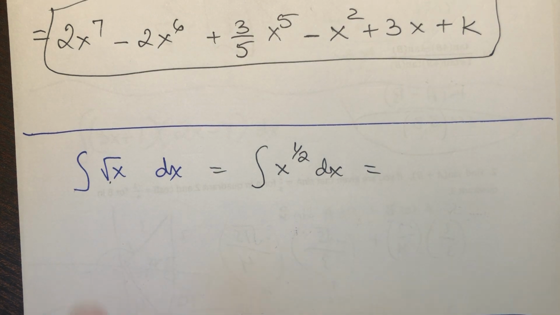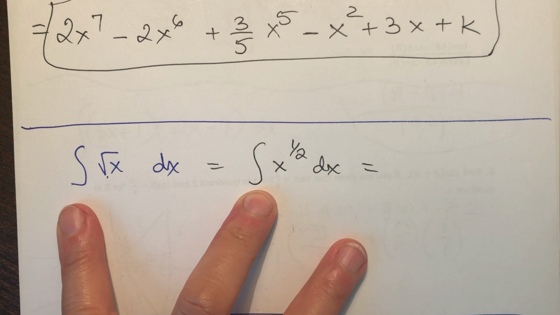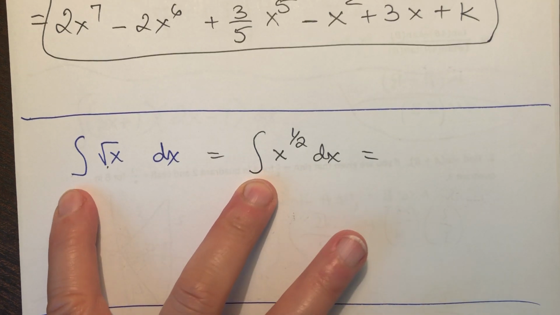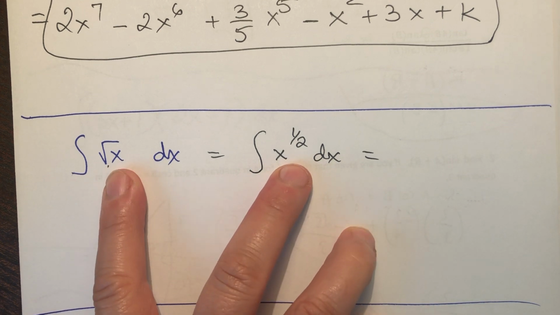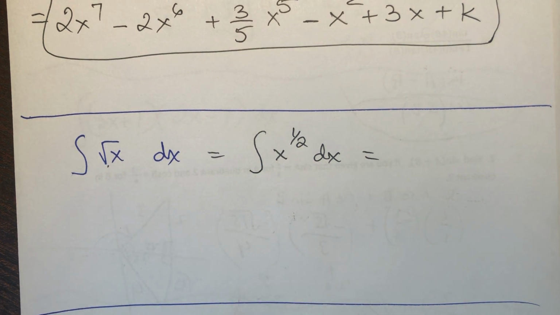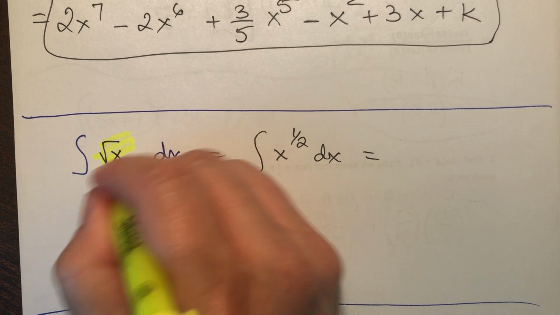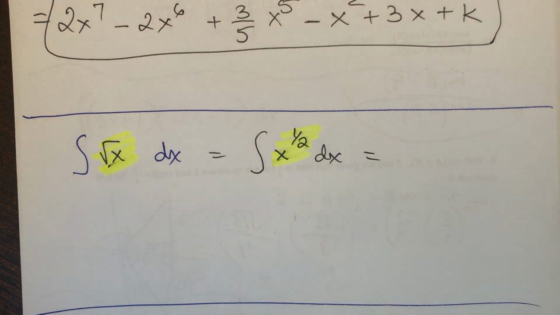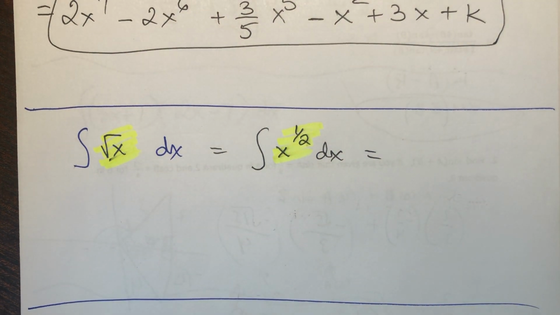Now, see how I'm still trying to find my antiderivative. So I'm not dropping the symbol. I'm just rewriting the inside of my function. I'm just rewriting the square root of x. I haven't found the antiderivative yet, so I'm still dealing with my function, yes?